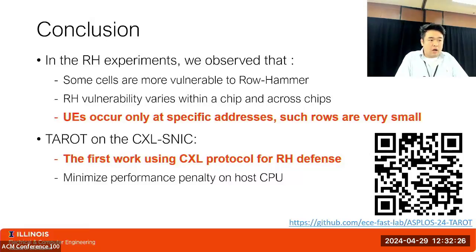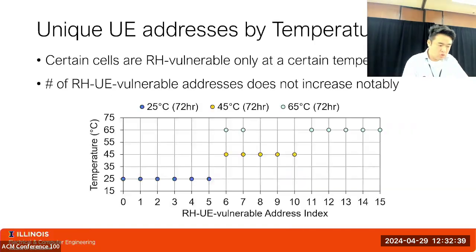Our paper targeted server-based systems. We believe the server temperature is in a very narrow range. We tested Rowhammer vulnerability across temperature, and it showed that testing at a single temperature cannot provide the superset of Rowhammer vulnerability.